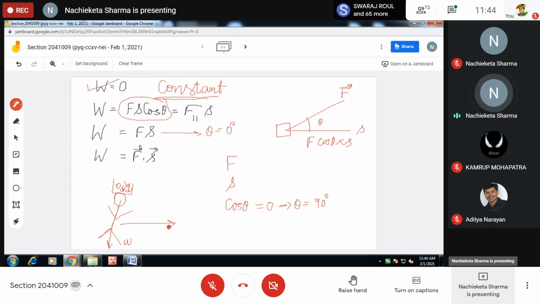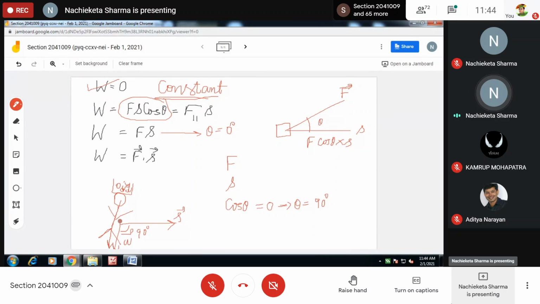So the displacement is along this direction. So this is S and W is the force which is vertically downwards. So this angle is 90 degree, and cos 90 is equal to 0. So the work done by weight is 0, because weight and displacement make an angle 90 degree with each other.